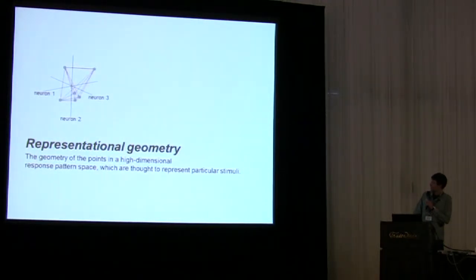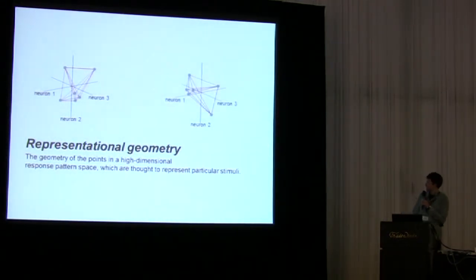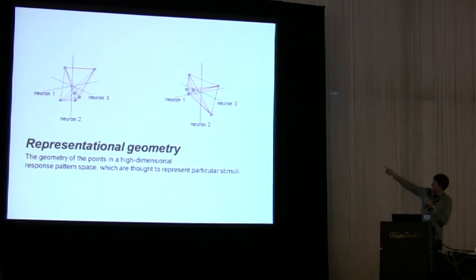And so the key idea is that what matters here is the distances between these points. So if we had another representation where we have the same distances, so you see this ensemble has just been rotated, now all the neurons are doing different things.